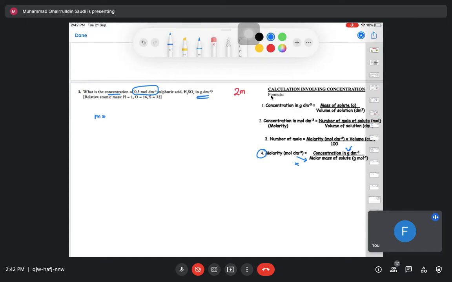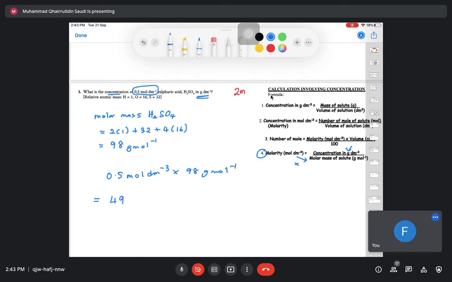So molar mass for sulfuric acid is 2 times 1 plus 32 plus 4 times 16. It will be 98 gram per mole. According to the formula, in order to find the concentration in gram per dm cube, you should do molarity 0.5 mole per dm cube times the molar mass 98 gram per mole, and you will get 49 gram per dm cube.